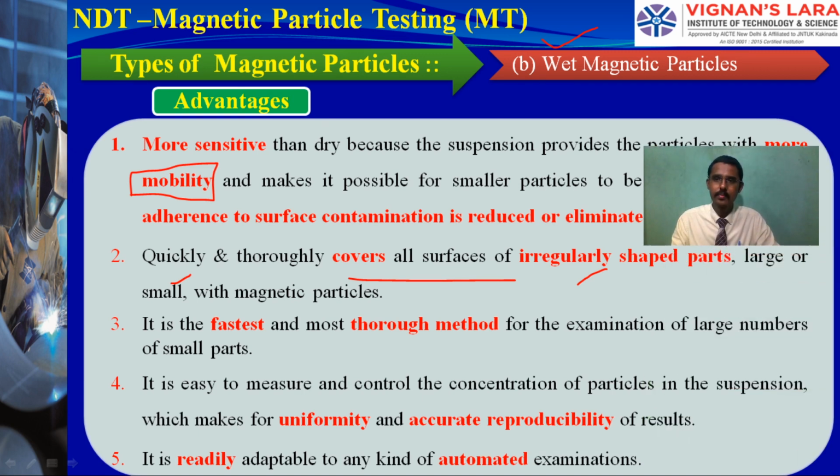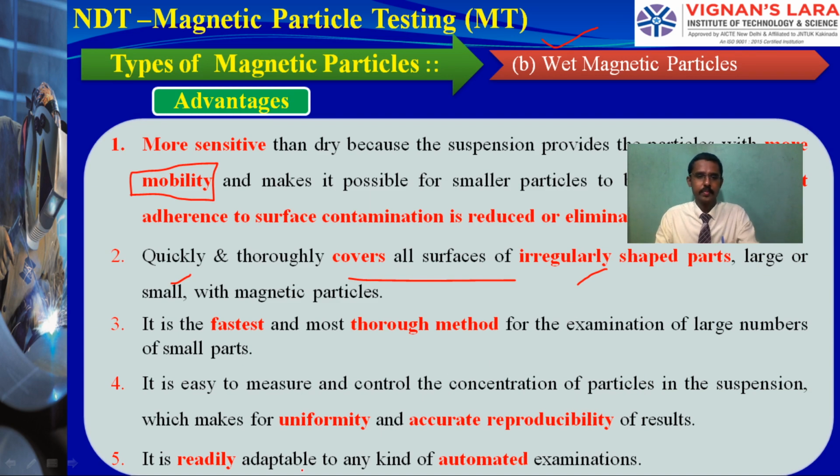Fourth point, it is easy to measure and control the concentration of particles in the suspension, which gives uniformity and accurate reproducibility of the results. Every 200 ml of water will contain 10 grams of powder.